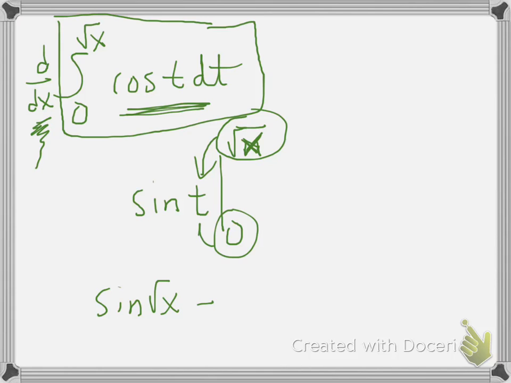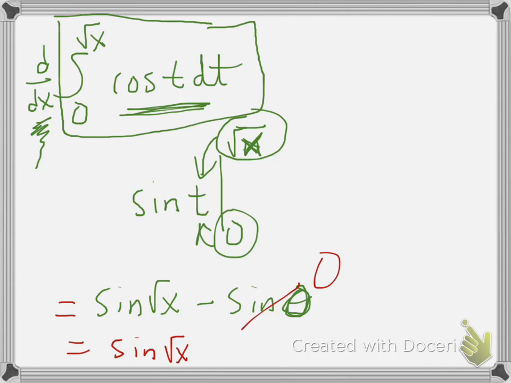Now grab 0, store it in place. So subtract sine 0. Sine of 0 is 0. So that's just going to 0 out. All right, so after all that sweat equity, we arrive at sine root x.